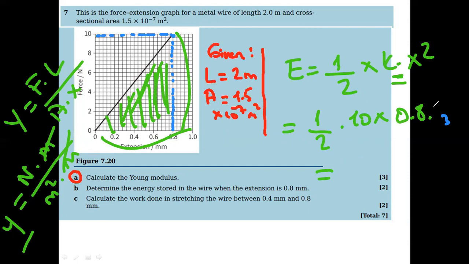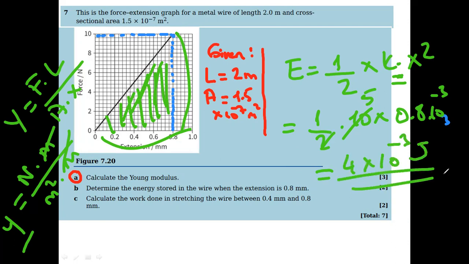So 0.8 times 10 to the power minus 3. From here, 10 simplified by 2 will be 5. 5 times 0.8 will be 4. So 4 times 10 to the power minus 3 joule. So the amount of energy stored in the wire will be 4 times 10 to the power of minus 3 joule.